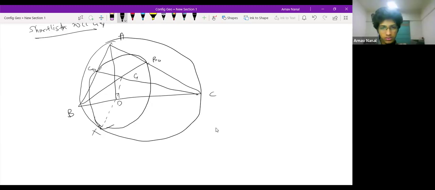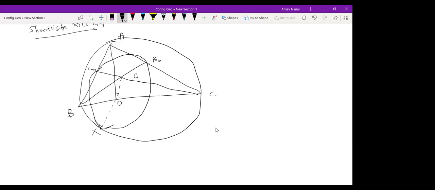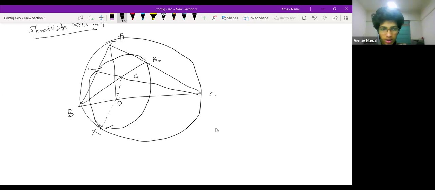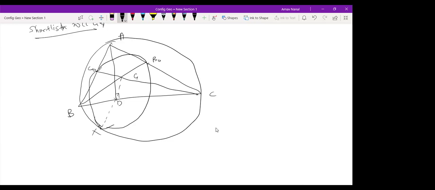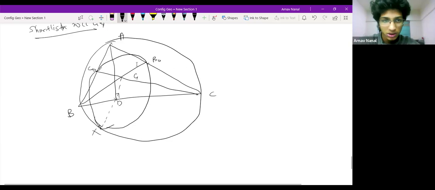So the circumcircle of ABC will go to BC, and so X will lie on BC. We also have that B and C would be the midpoints of AB naught and AC naught. So I guess that might help. Yes, you're on the right lines. Also, can you figure out where D goes under root BC? Yes, I'm doing that right now. Okay, so root BC is the correct idea.